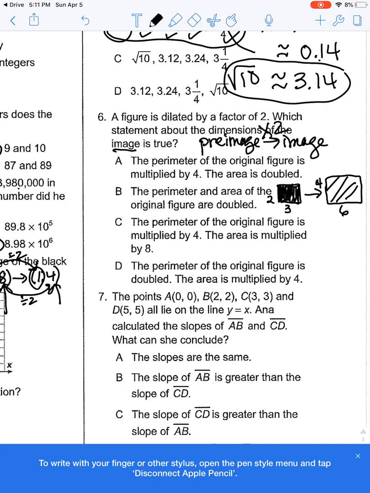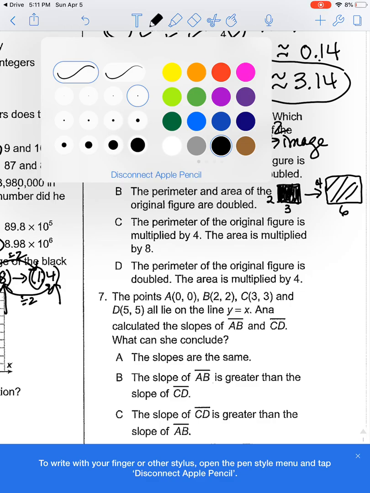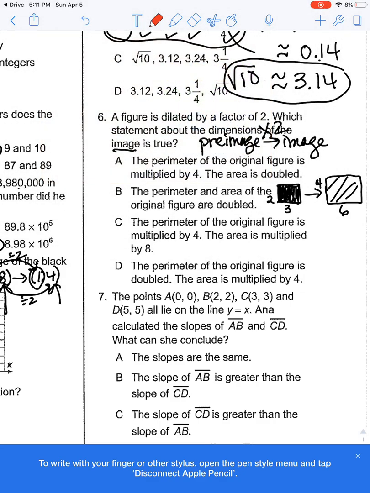Well, what happens to the perimeter? Because the questions here are being asked about the perimeter first, and then about the area. So let's figure out what happens to the perimeter, and then what happens to the area. The perimeter of this first figure, the pre-image, let's go around it and count the distance.